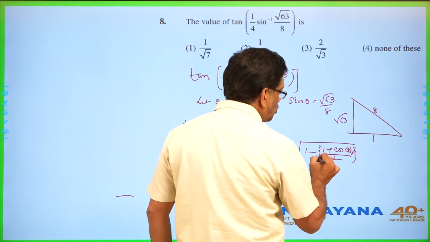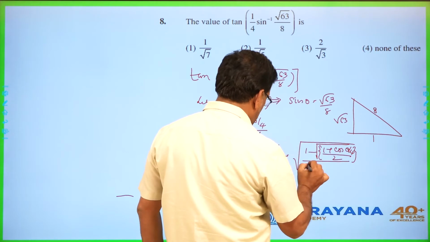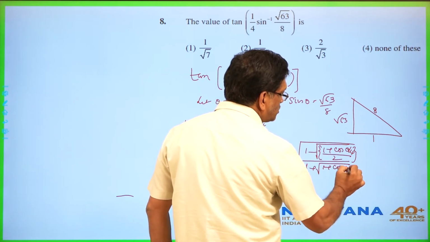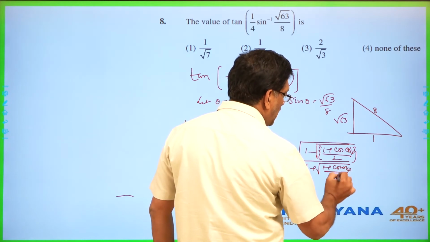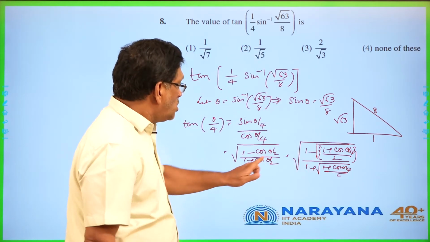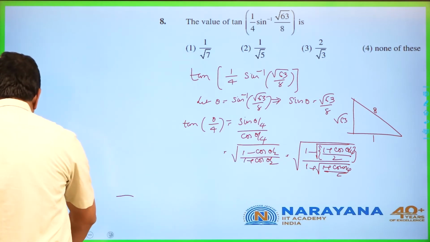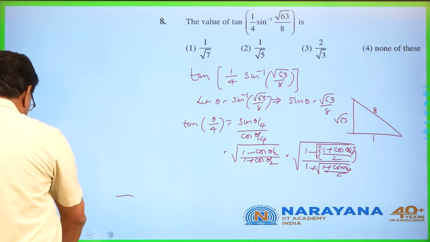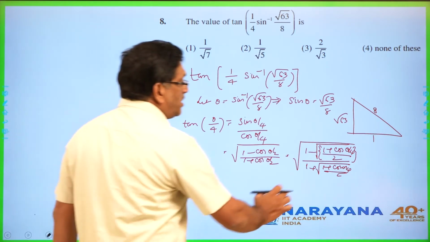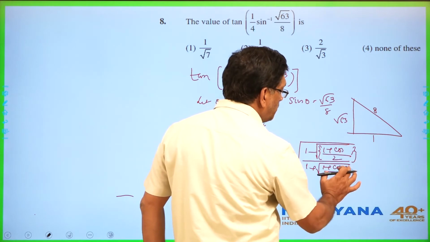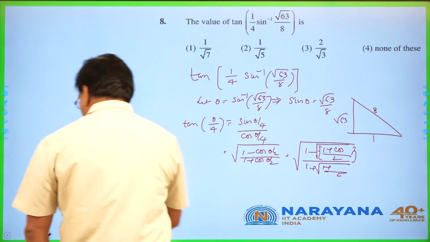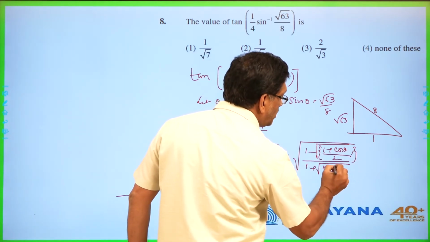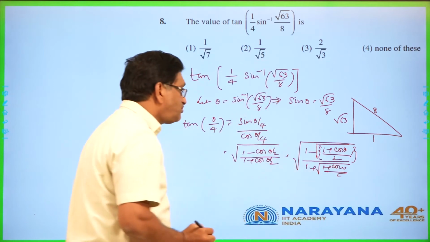Remember, it is theta by 2 means here you will be getting cos theta only. That is what you have to remember always.